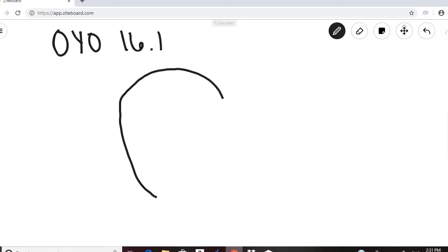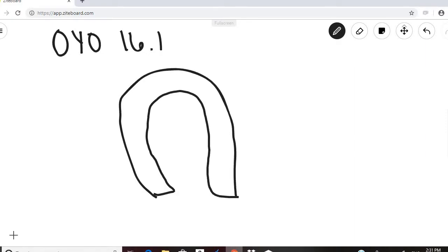If we look at, on your own, 16.1, there we see a horseshoe magnet. Here is the North Pole, and here is the South Pole. Go ahead and take a minute and see if you can think about how the magnetic field lines would be drawn there.